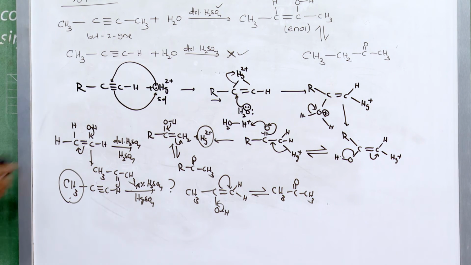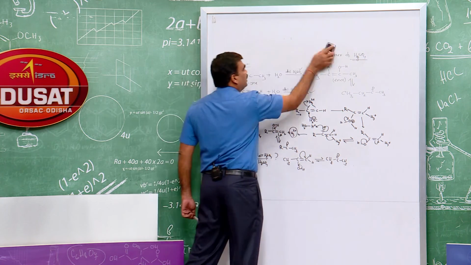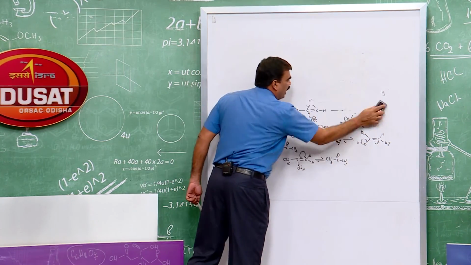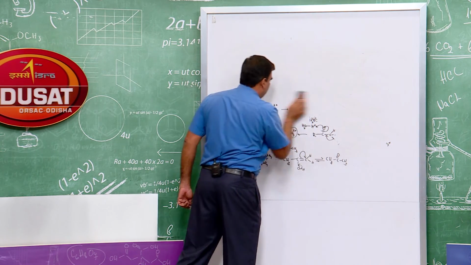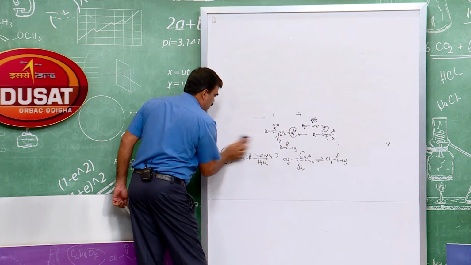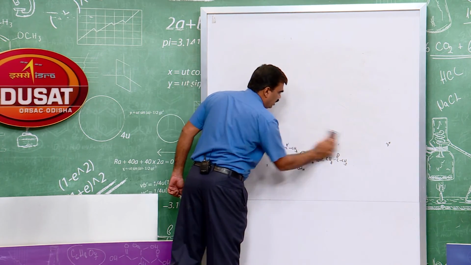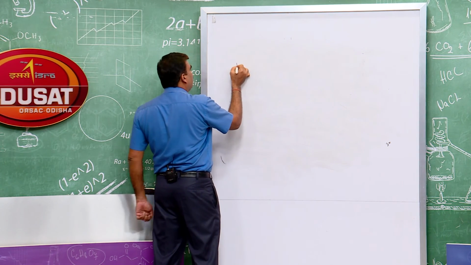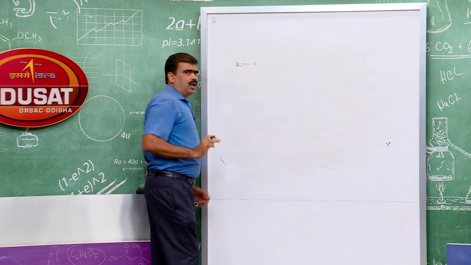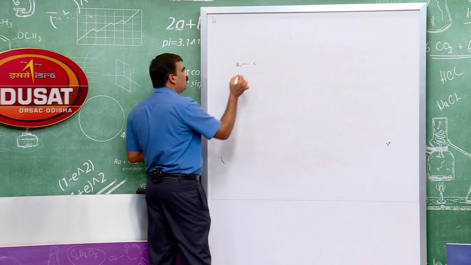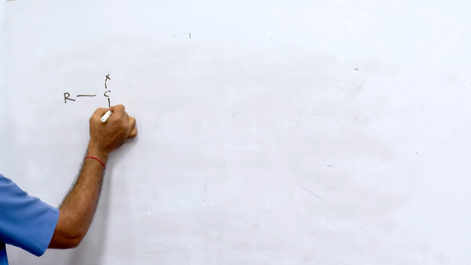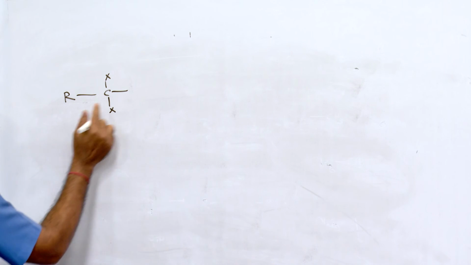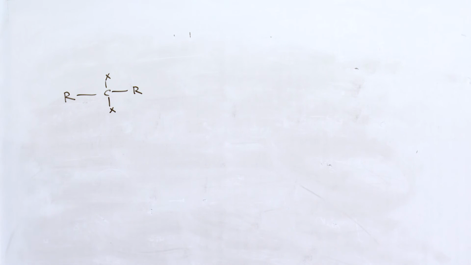Another preparation is from geminal dihalide. From geminal dihalide, how will you prepare aldehyde? Just have a look. And a ketone also. Geminal dihalide means if any organic compound contains two halogen groups bonded to the same carbon atom, then it is called geminal dihalide.